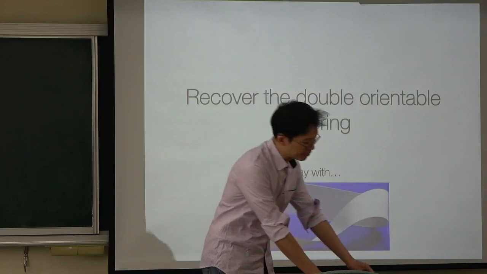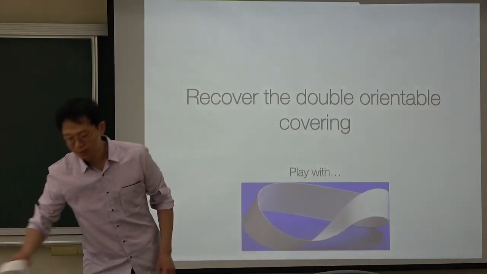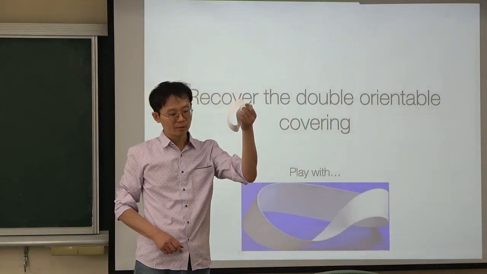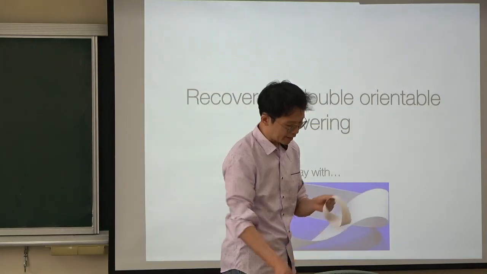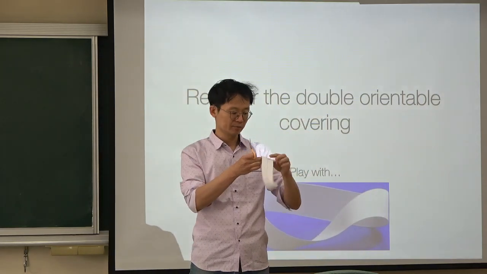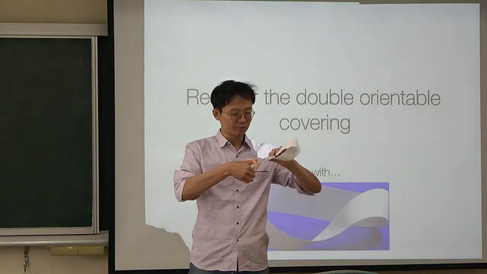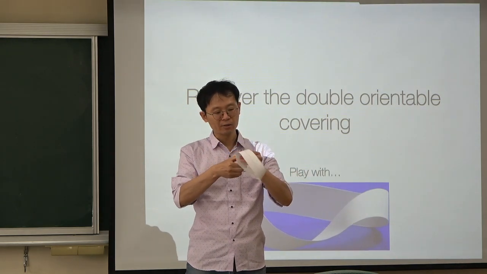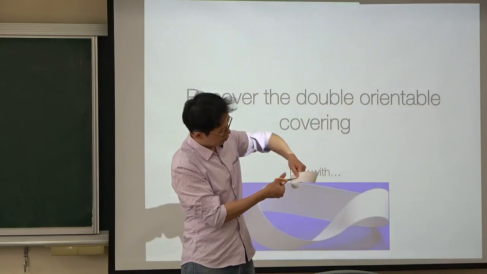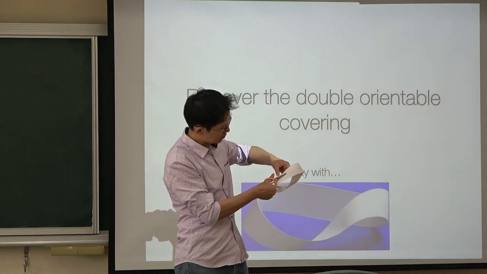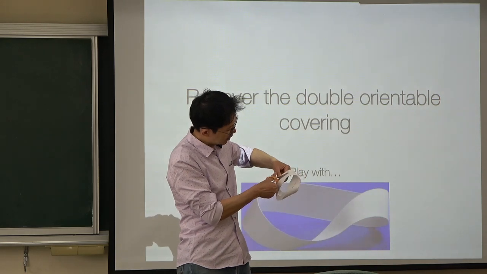So, if you remember, we had this Mobius band, right? Now, I will play a game with you. I will use the scissors and cut it, and see what you get. Just cut it, okay? Now, I will cut it according to the line of the trajectory I went. Okay, I just cut it.